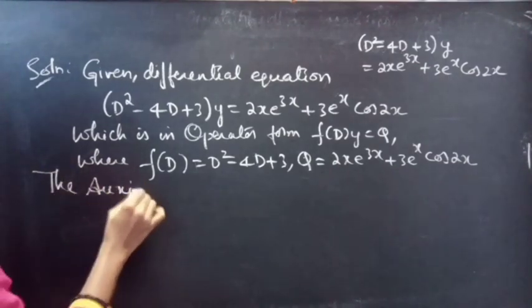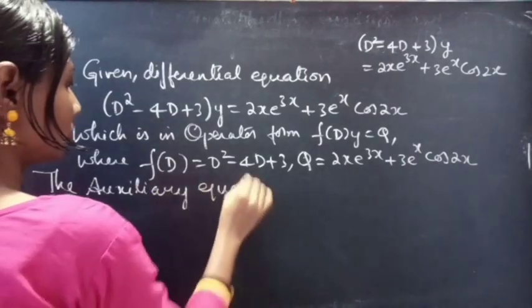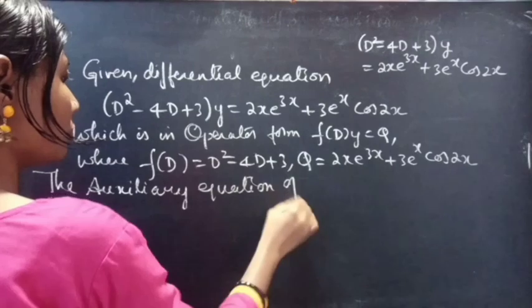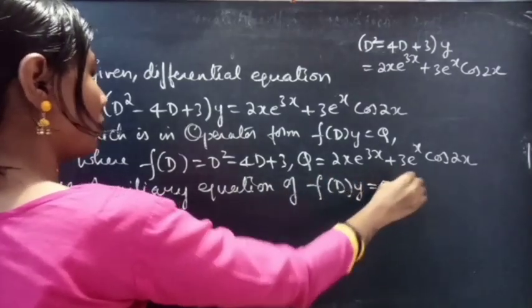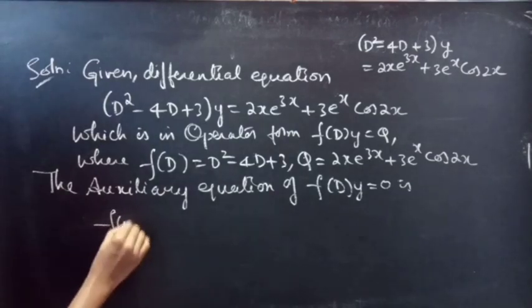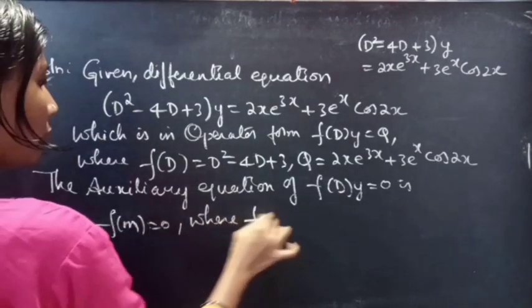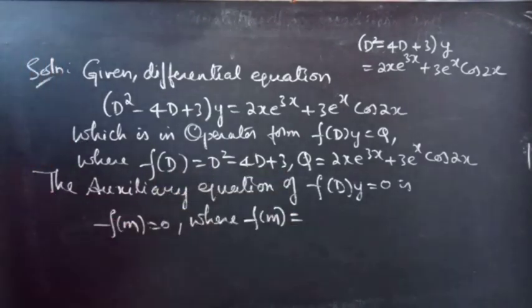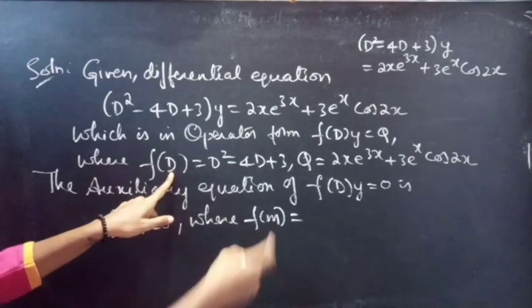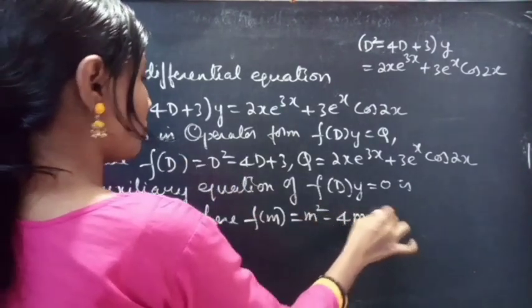The auxiliary equation of F(D) y = 0 is F(m) = 0, where F(D) = D² − 4D + 3. Let's replace the differential operator by m, so that we get F(m) = m² − 4m + 3.